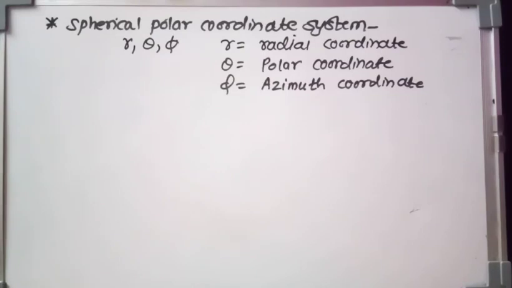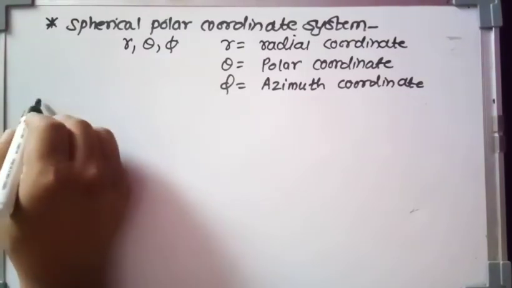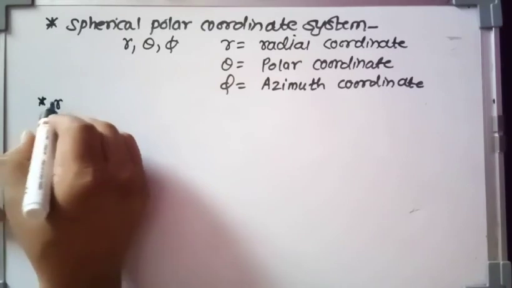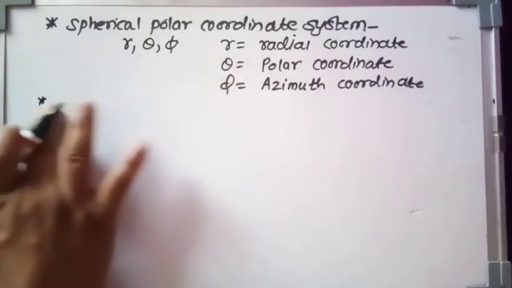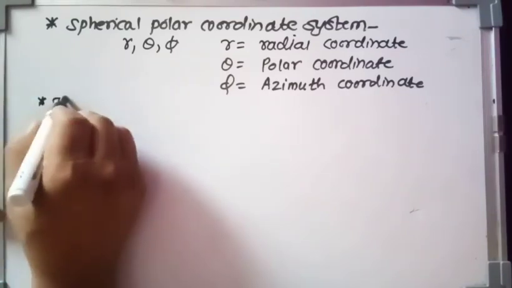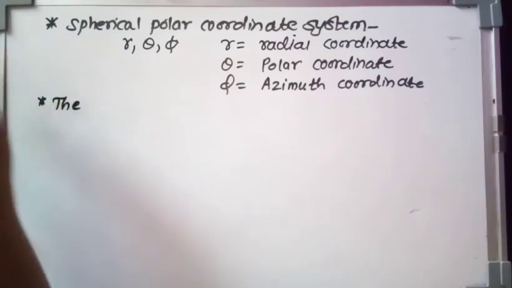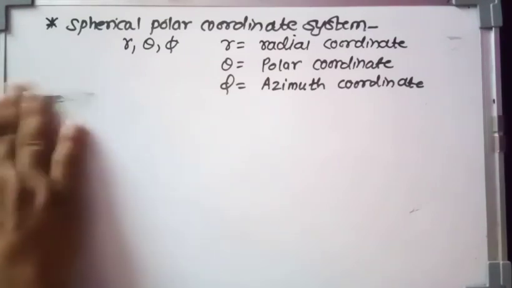Now let us see first the radial coordinate, that is the coordinate r. There are three coordinates.